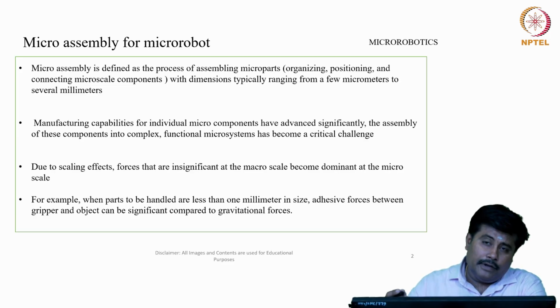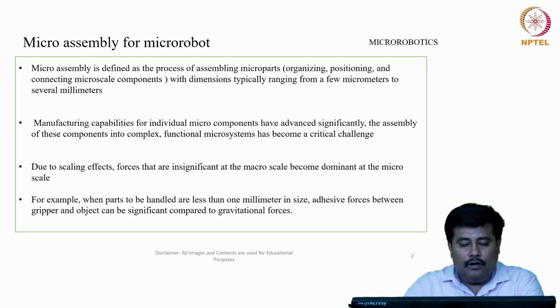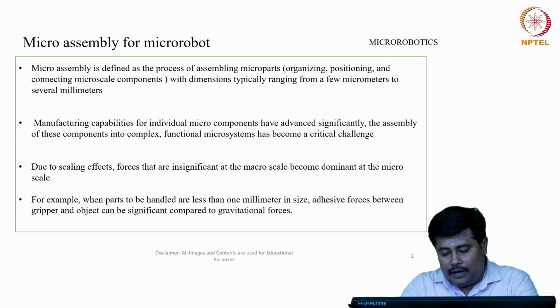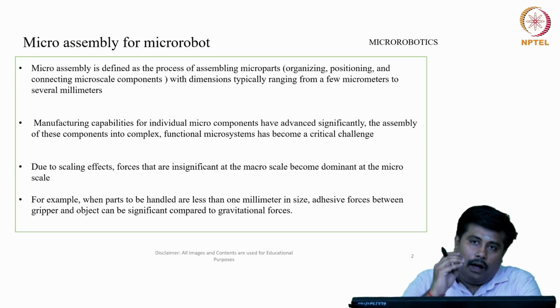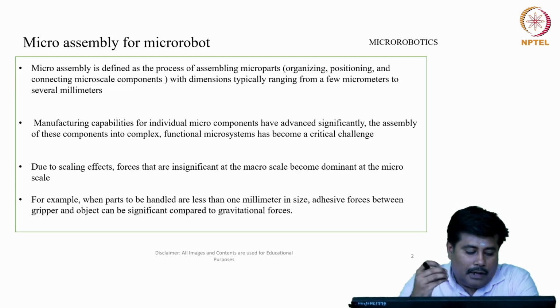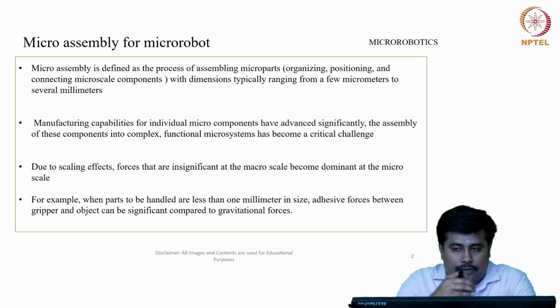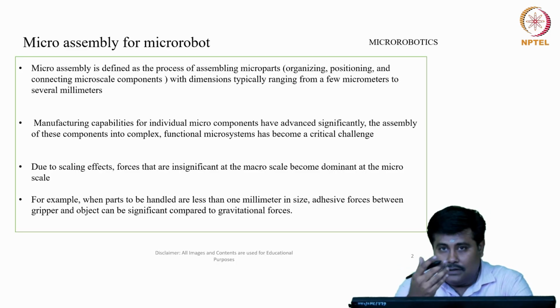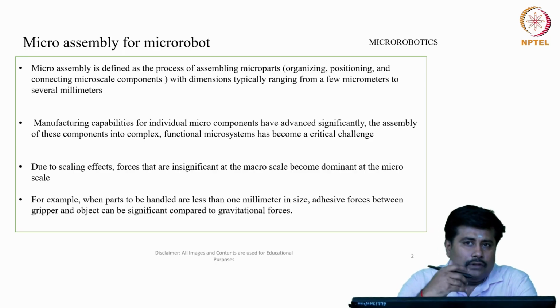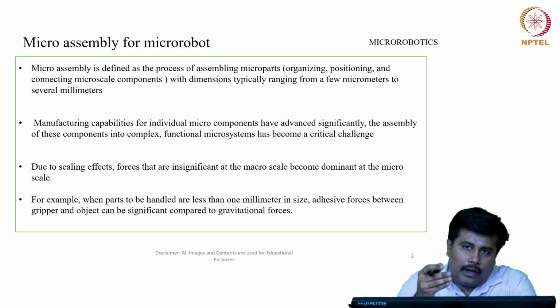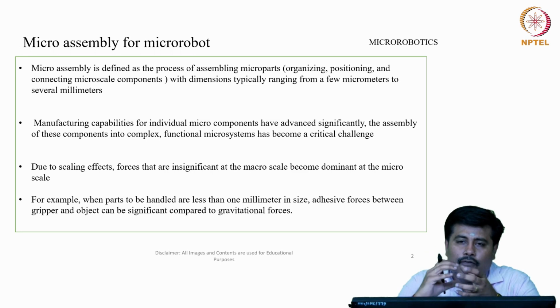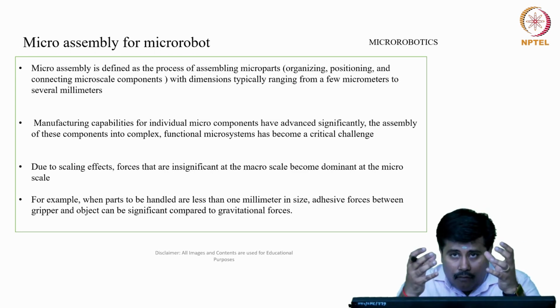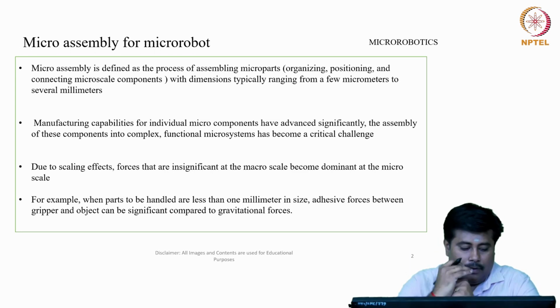Ideally, we take the scaling effect into account: forces that are insignificant at the macro scale become a major dominant player at the micro scale. We have discussed a lot about electrostatic charge generation. These electrostatic charges at the micro level can be helpful for manipulating the system for appropriate micro assemblies or sub assemblies.